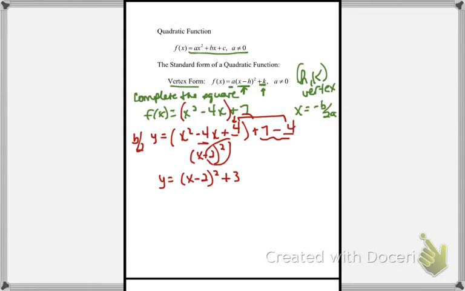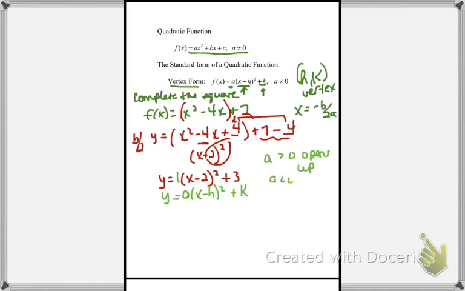Now when you line this up to your y equals a(x minus h) squared plus k, you can see that your a is 1, and if it's greater than 0, it opens up. There's no stretch to this.